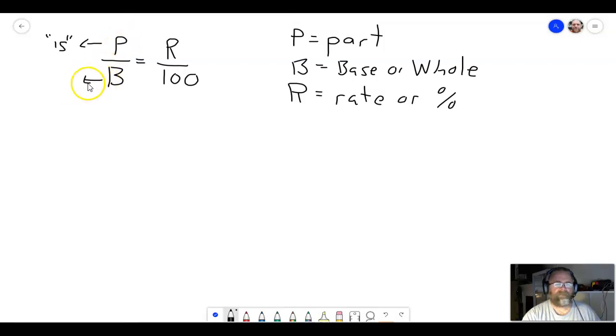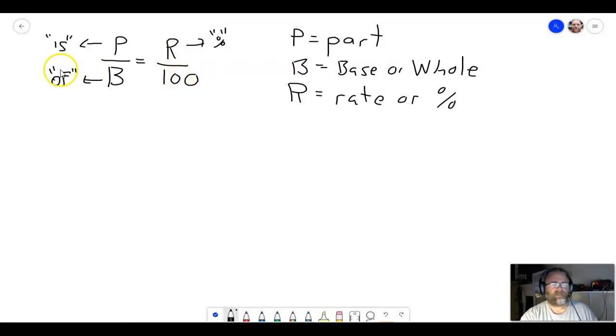And then for the base, we're going to look for the keyword of. And then for R, we're going to look for kind of a percentage. So if they give a value that's a percentage, or they ask for a percentage, that's talking about the R. And then 100 will always stay 100.